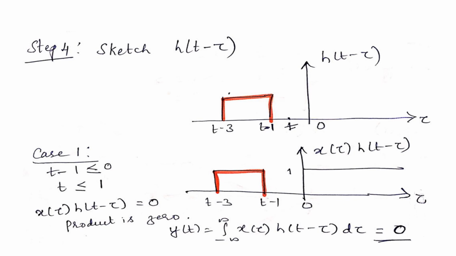You can see that I have replaced the -1 and -3 of h of minus tau with a generalized expression for the sides of the rectangular pulse, that is t minus 1 and t minus 3. This is how we have written it. Now let us check if we are actually right in writing these expressions.